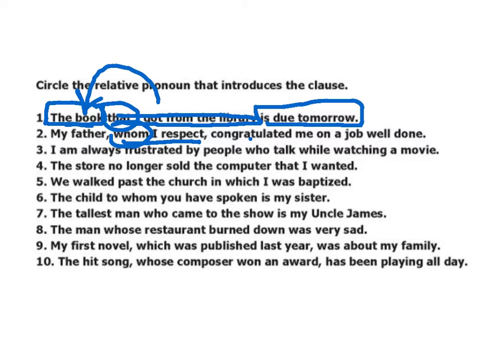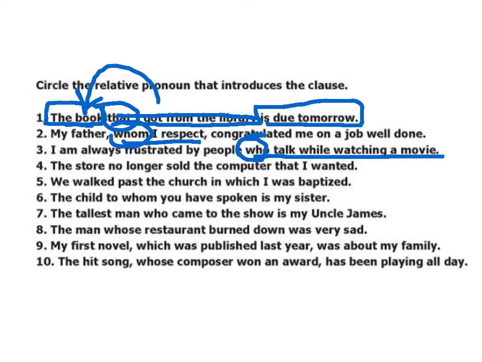Number 3. I am always frustrated by people who talk while watching a movie. We see the word who there, and that's your relative pronoun. Who talk while watching a movie is going to be your relative clause. And we know this is true because I can say, I am always frustrated by people.